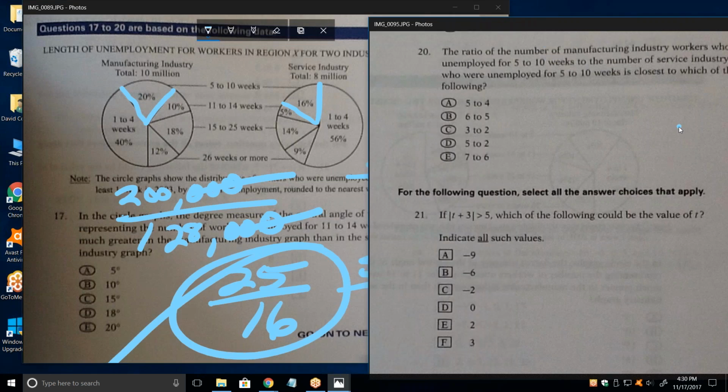Which you can't say is 5 over 4. 5 to 4. No, that's not 5/4. Unfortunately, I don't think that reduces.